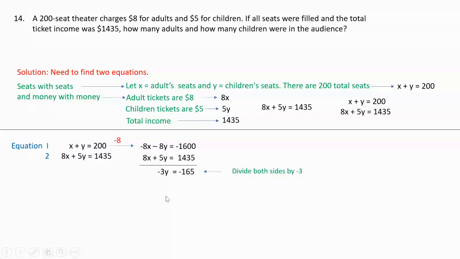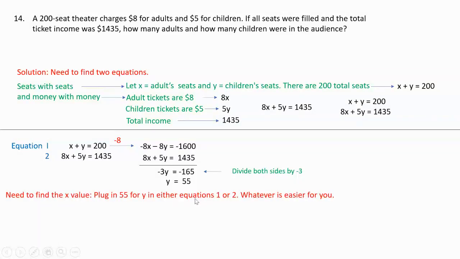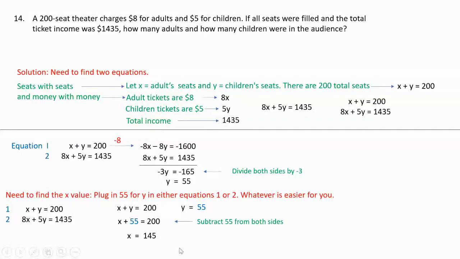We divide both sides by -3. We get y equals 55. Now you can go back to either equation 1 or 2. Equation 1 is much, much easier. So I'm going to plug in 55 for y. We subtract 55 from both sides.